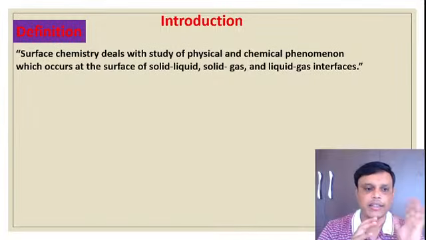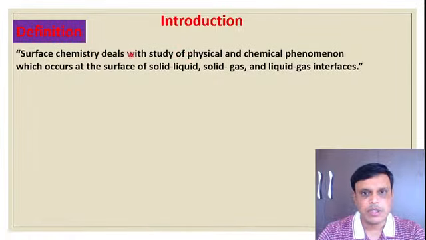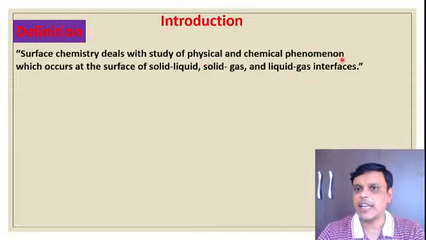Okay, so let us see the definition of surface chemistry. See here, surface chemistry deals with the study of physical and chemical phenomena which occur at the surface of solid-liquid, solid-gas, and liquid-gas interfaces.